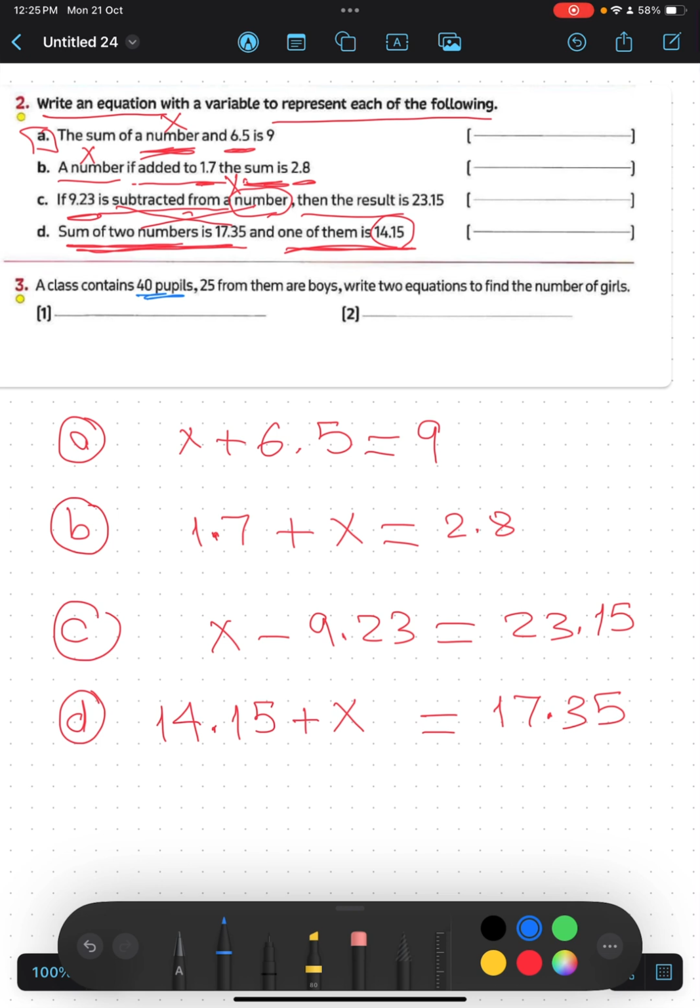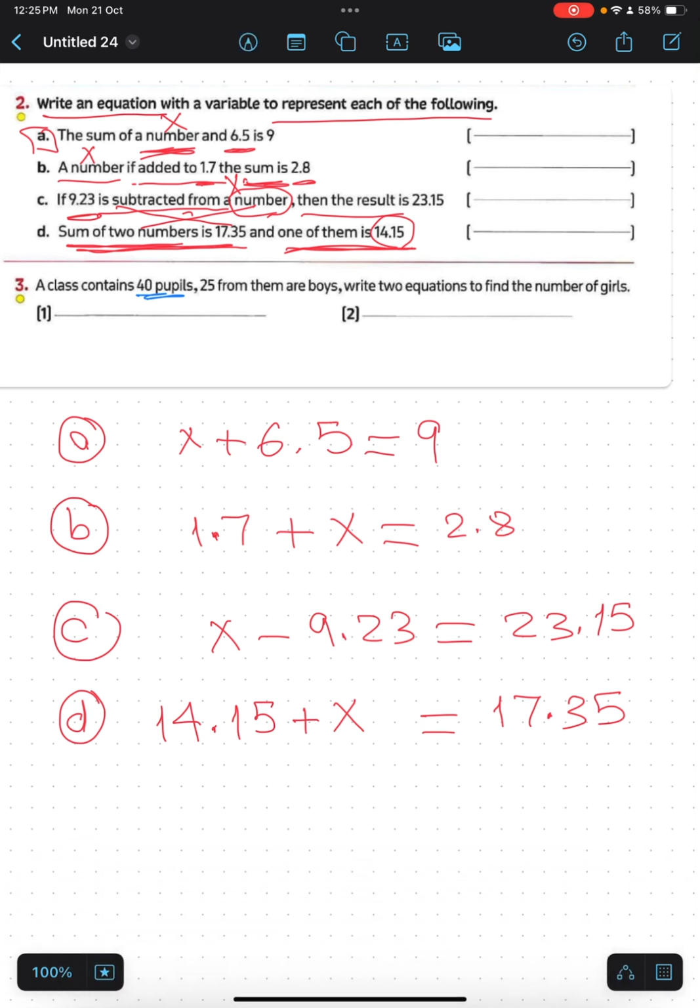طيب next, a class contains 40 pupils. okay. 25 from them are boys. أنا عندي 25 منهم boys. ثواني كده erase.